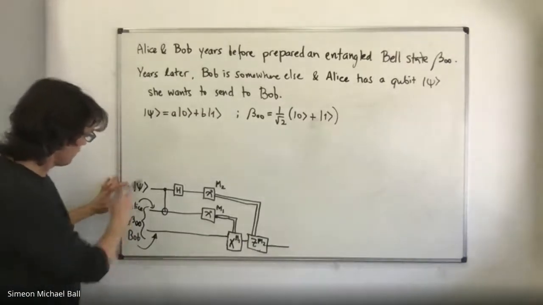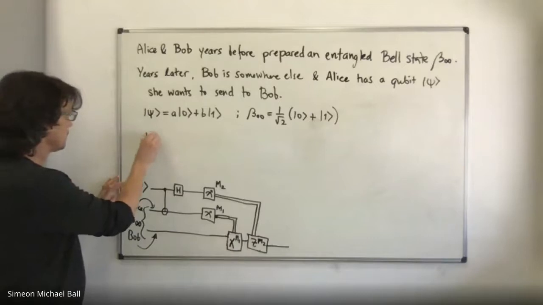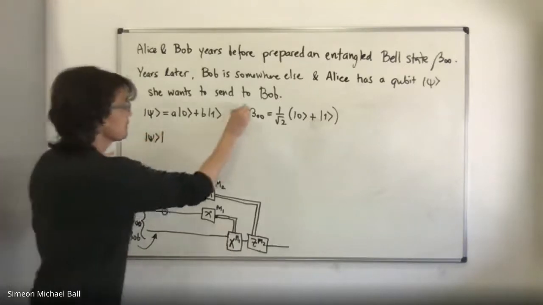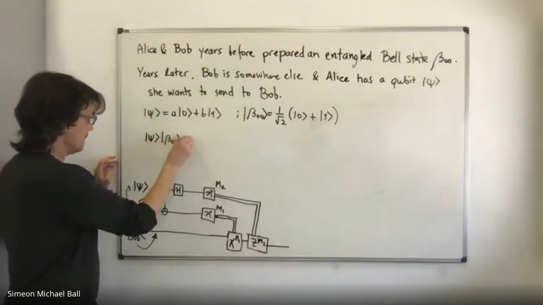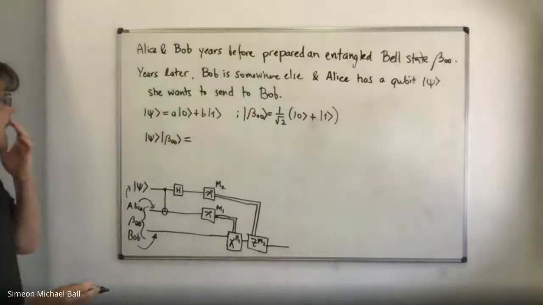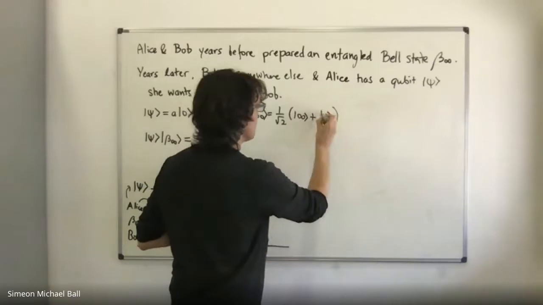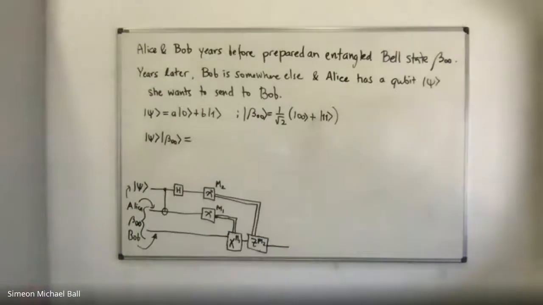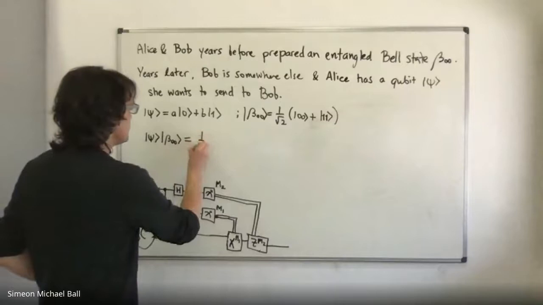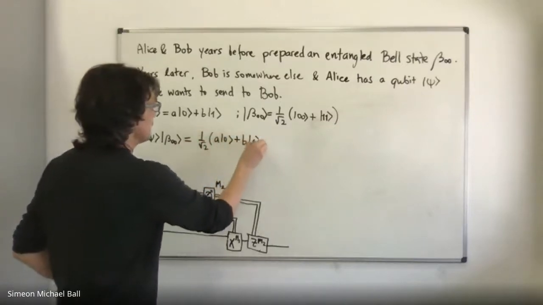We start off in the state psi, and beta 0,0. So this is starting off in 1 over root 2, (A0 plus B1)(00 plus 11).